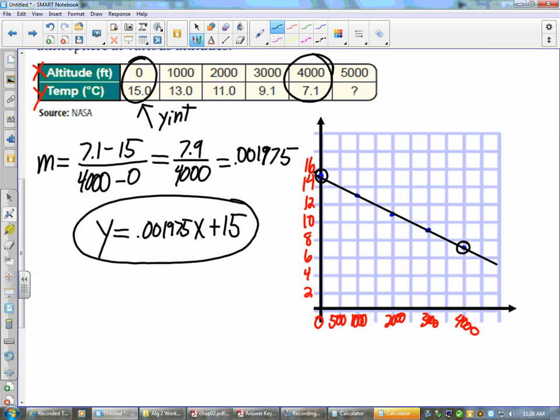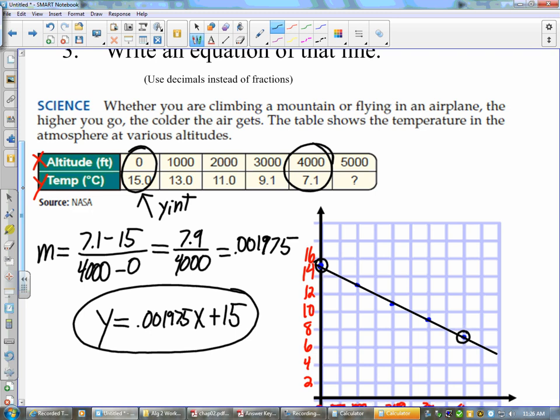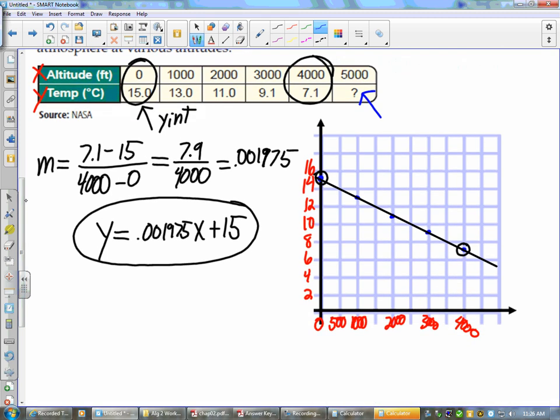So if I want to predict, and why do we do this? We do this so that we can have predictions. If I want to predict what the temperature will be at 5,000, I can now use this equation to solve for what that would be at 5,000. So at 5,000, that's my x, I would write y will equal 0.001975 times 5,000 feet plus 15.